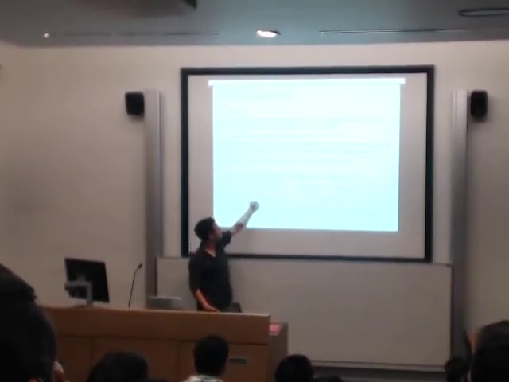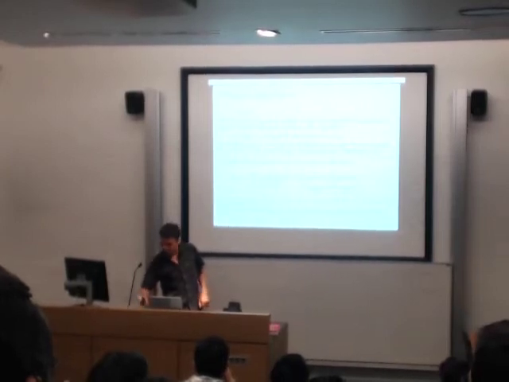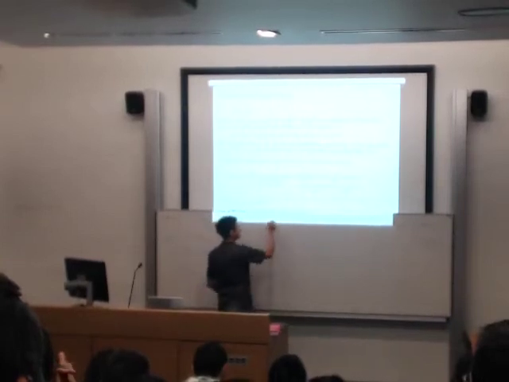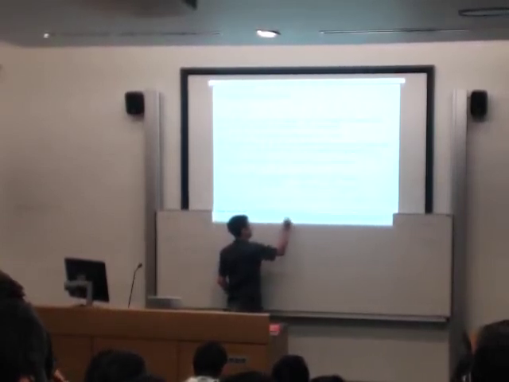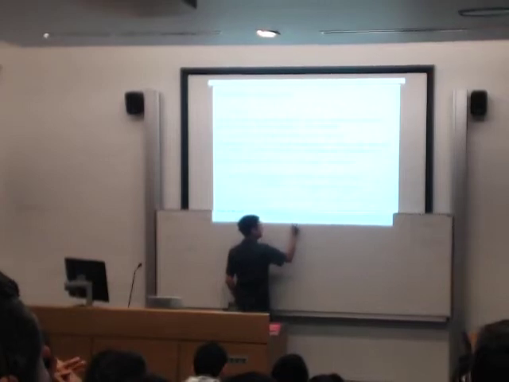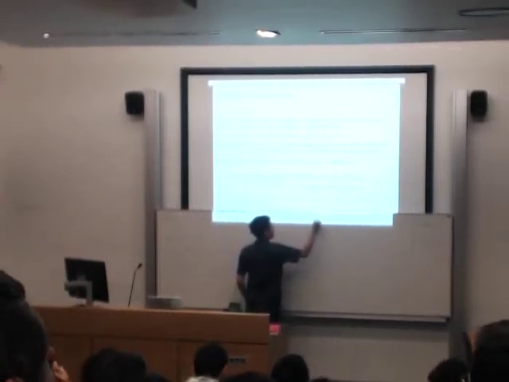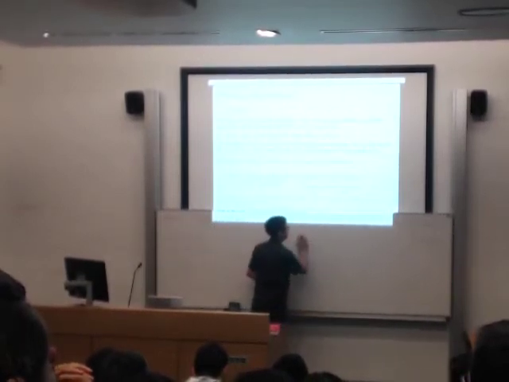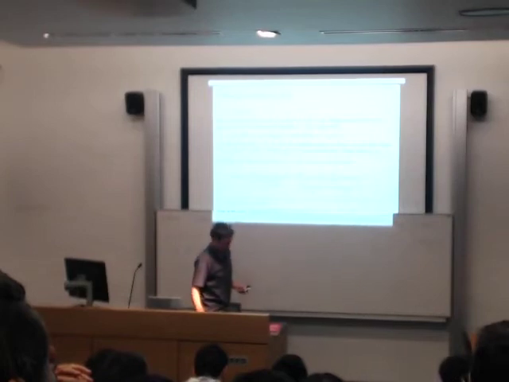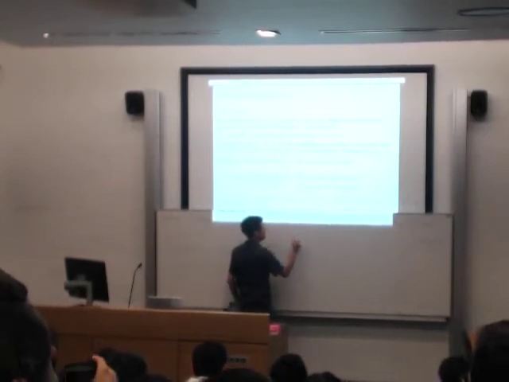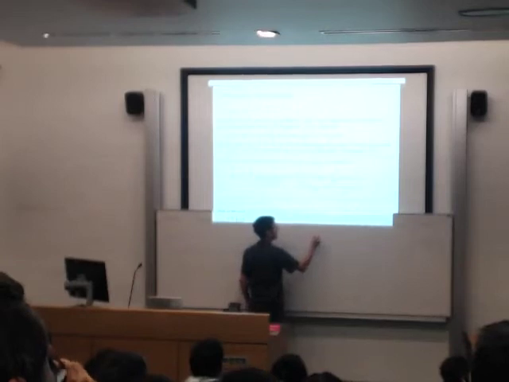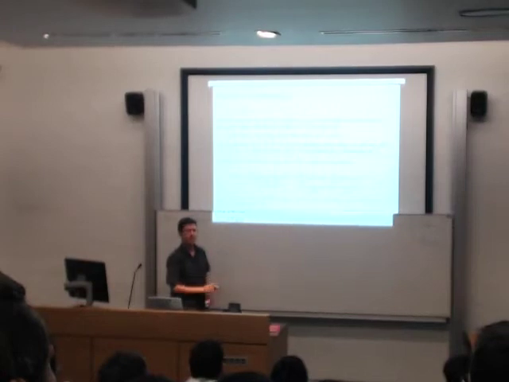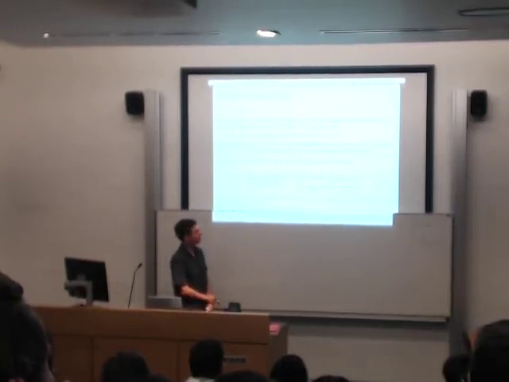Well, by definition, this is equal to the sum over z of p of x comma y comma z, which is the sum over z of p of x comma y given z times p of z. This is Bayes' rule. I'm making no assumptions here, just using Bayes' rule.